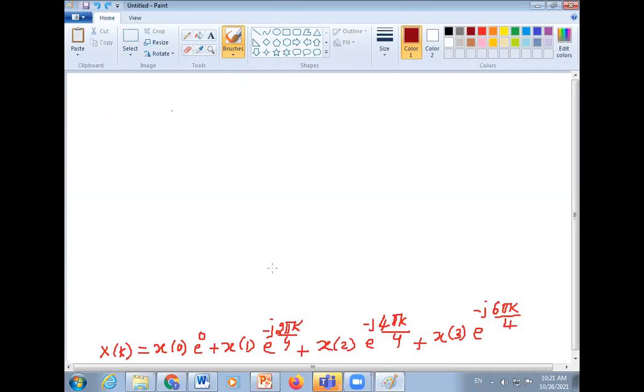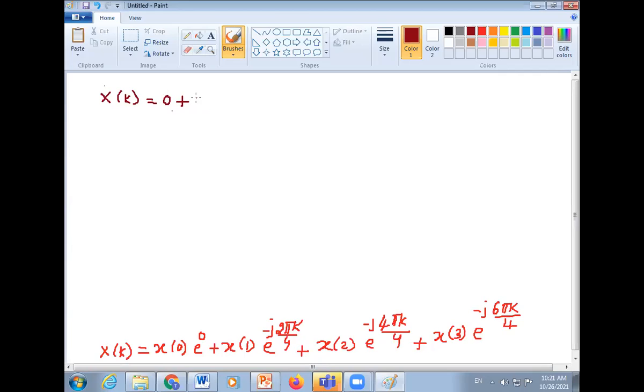X of k is equals to, so what is our first part? What is the value of x of 0? It is 0. So 0 multiplied with that is 0, plus x of 1, what is its value?